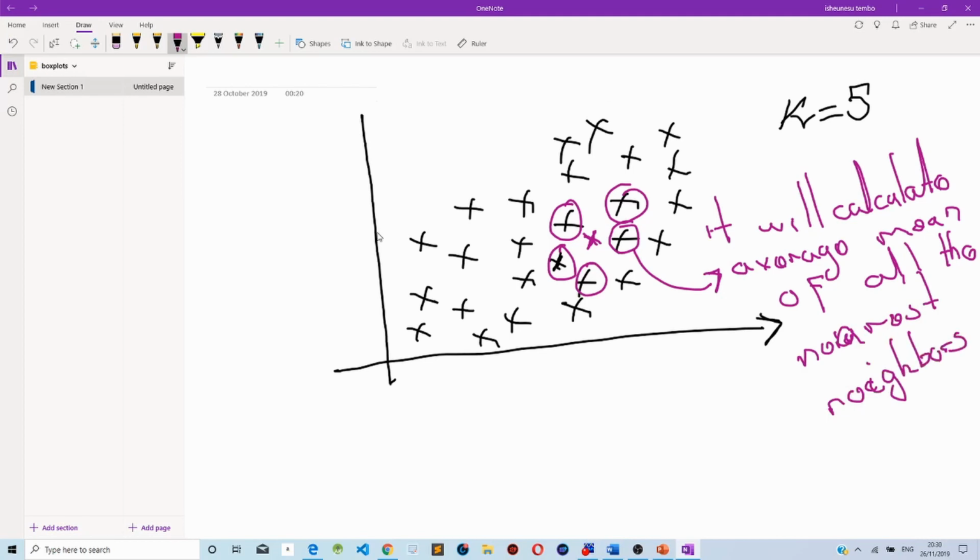So it will calculate the average mean of all the nearest neighbors, and that average will be the value of this purple point.